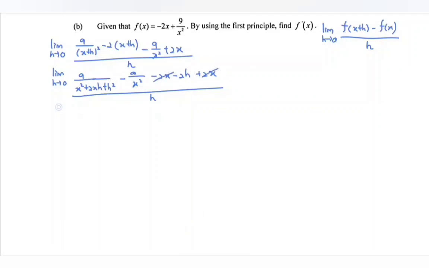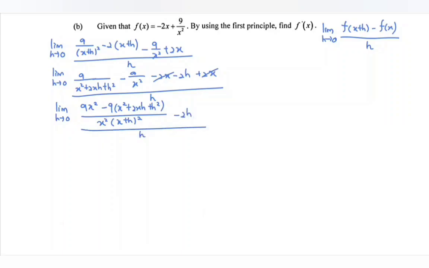So continue, we have limit h approaching 0, we have 9x squared minus 9(x squared plus 2xh plus h squared) over x squared (x plus h) squared, minus 2h over h.